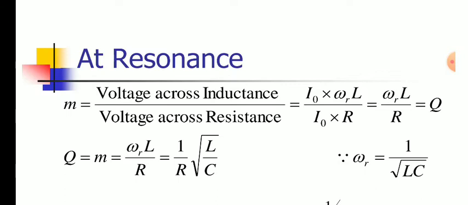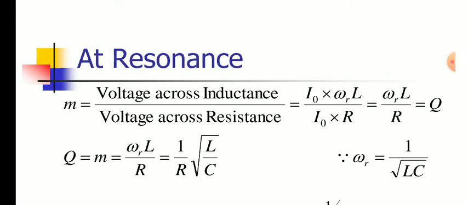The voltage magnification, denoted by the letter M, is equal to voltage across inductance divided by voltage across resistance, that is I naught into reactance of the inductance, omega R into L, divided by I naught into R. I naught gets cancelled.